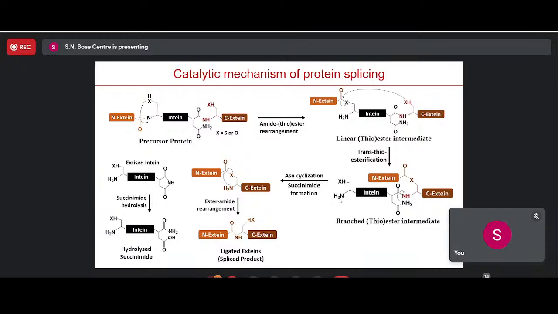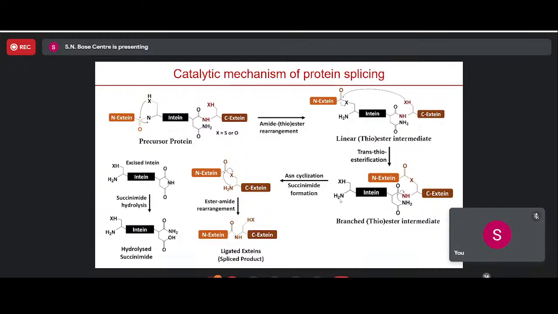What we are trying to do is understand what is so special in this structure that this cysteine cleaves the previous bond, this cysteine takes it from here, and this asparagine cleaves the following peptide bond. And why do these steps happen in a stepwise manner?